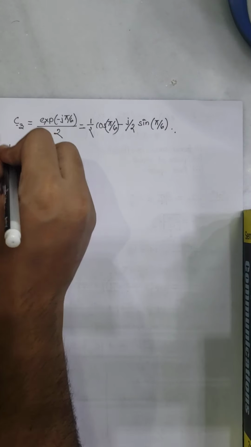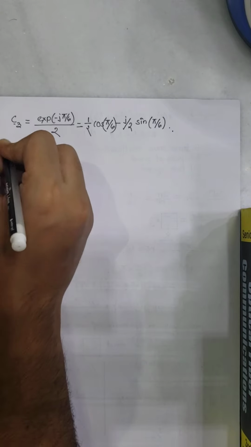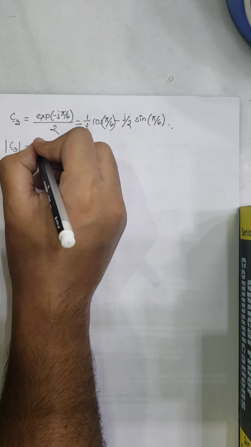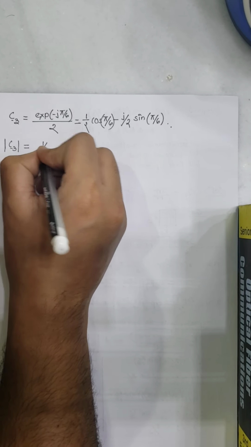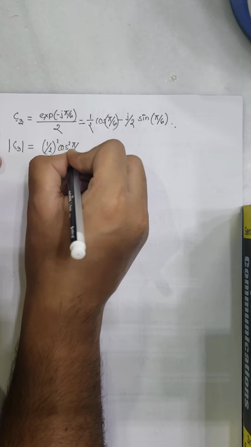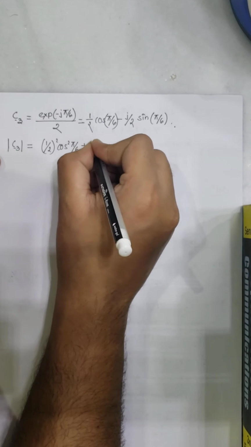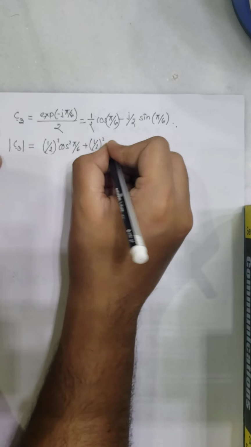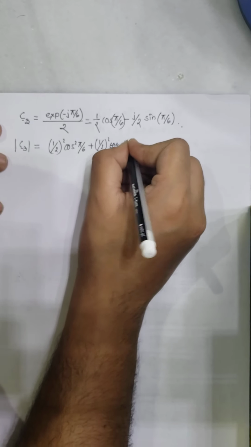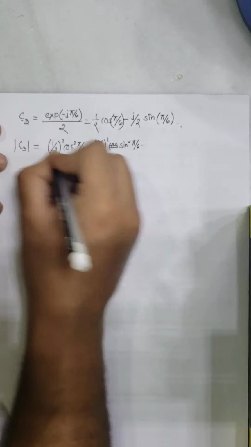From here we can determine the magnitude to be the square root of half squared cos squared pi by 6 plus half squared sine squared pi by 6.